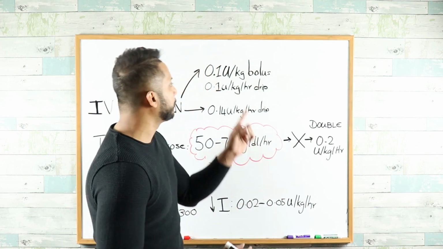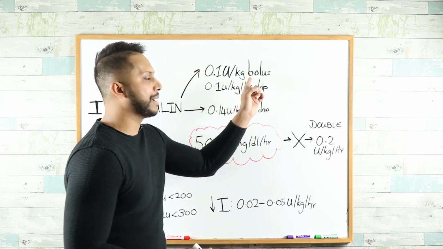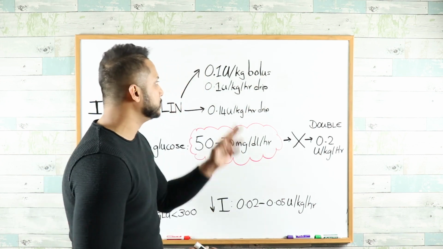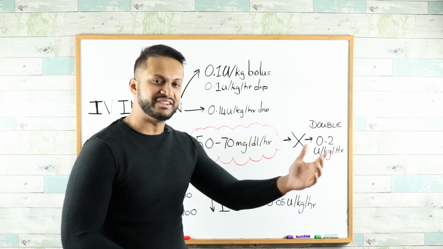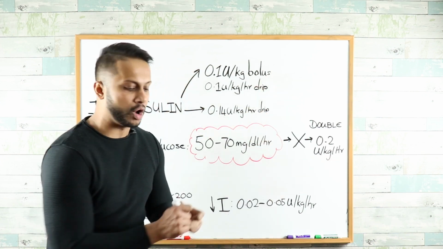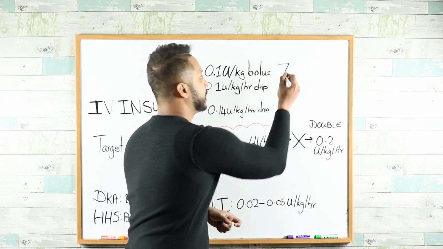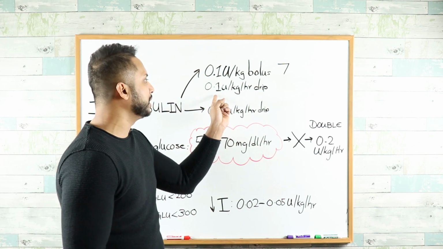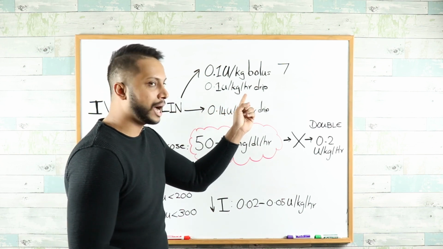So if I use 0.1 unit per kilogram as a bolus, if somebody was 70 kilograms, it's going to be 0.1 unit times 70, which gives you 7 units. So I would give 7 units first off as a bolus, and once my bolus is complete, I will give 0.1 unit per kilogram per hour.